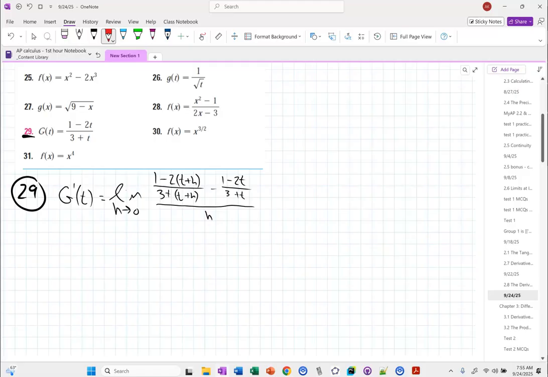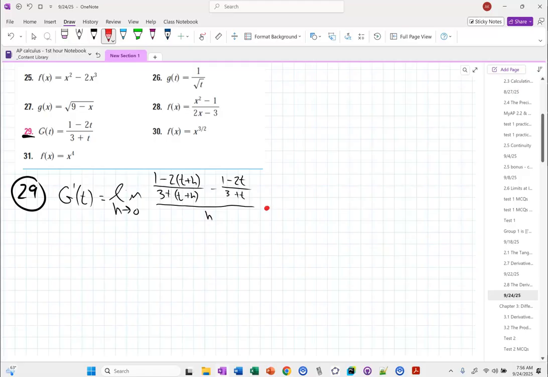So my denominators are 3 plus t plus h, 3 plus t, and then 1 for h over 1. So far so good? 3 plus t plus h and 3 plus t are relatively prime. I can't decompose those into factors of each other. So my least common multiple is just the product of those two.